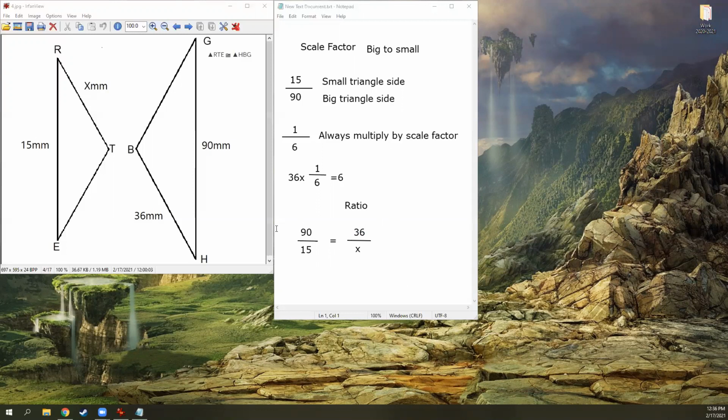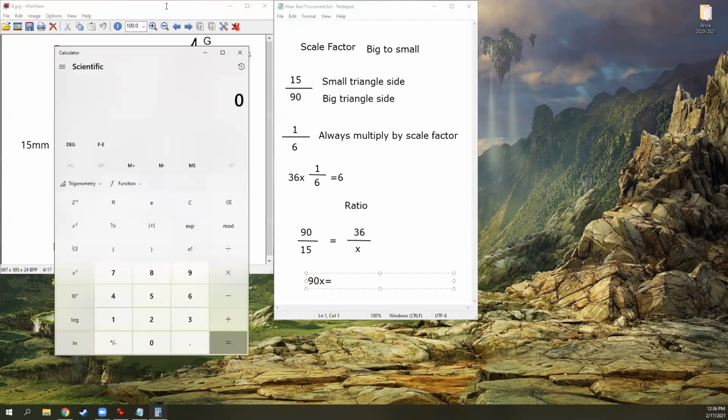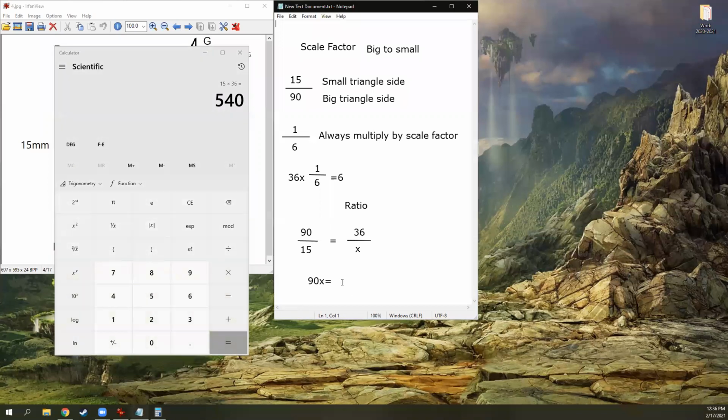So then we cross multiply. 90x equals, I do not know 15 times 36 off the top of my head. 15 times 36, 540.